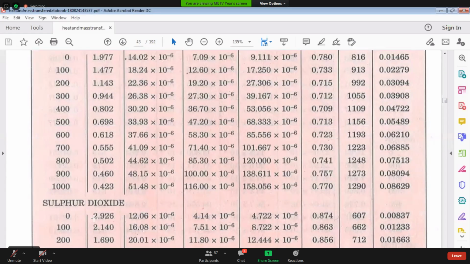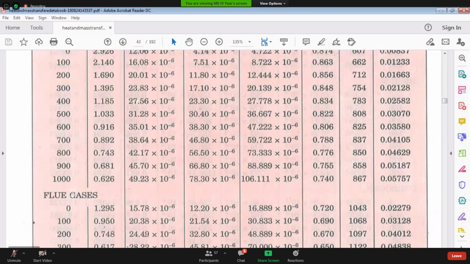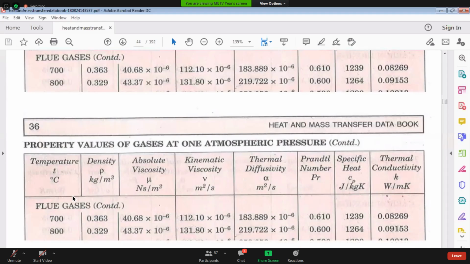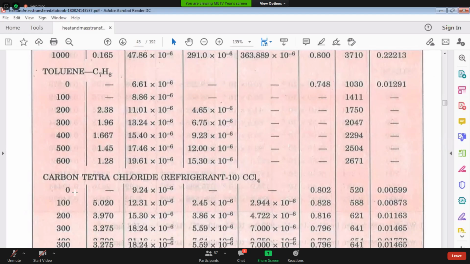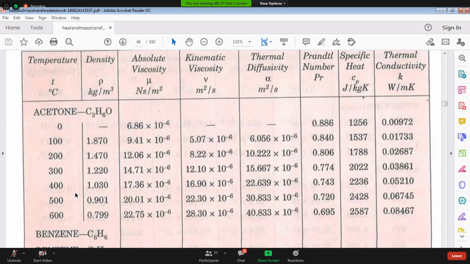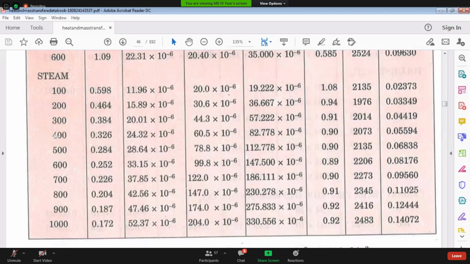So oxygen, carbon dioxide, sulfur dioxide, any gases. See, flue gases are flowing inside the tube, let us say. Next, hydrogen, ammonia, vapor ammonia, right? Carbon, many, acetone, all properties. Steam is flowing, let us say, at 400 degrees centigrade.